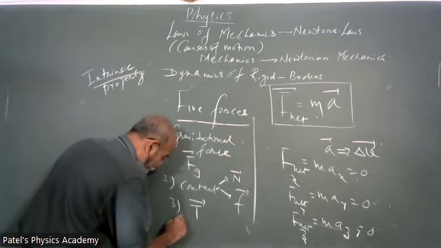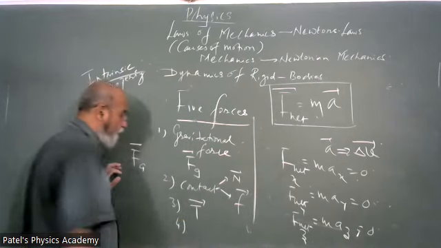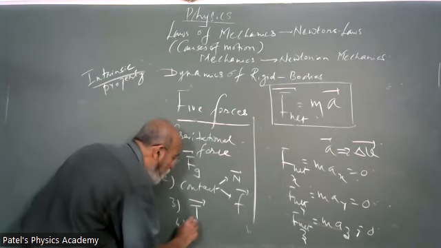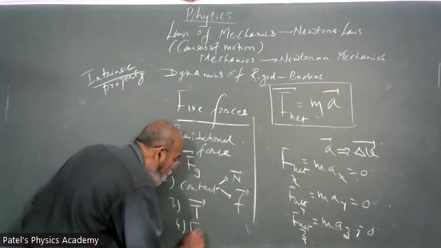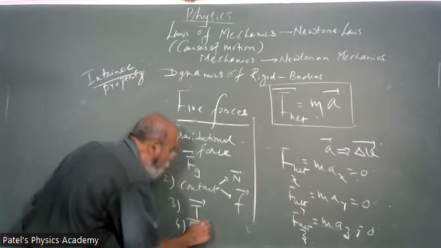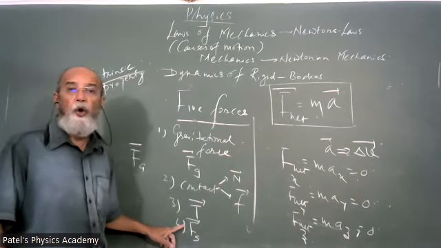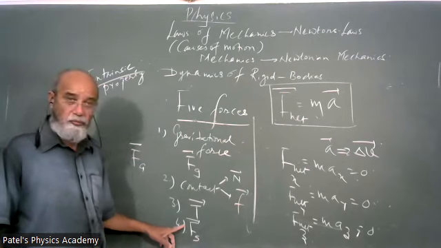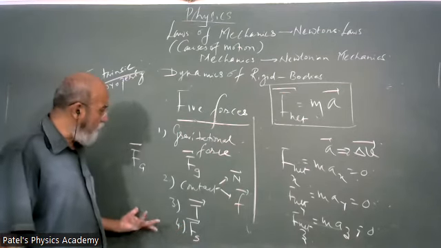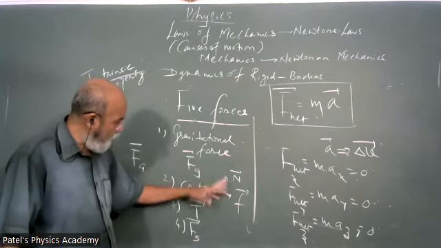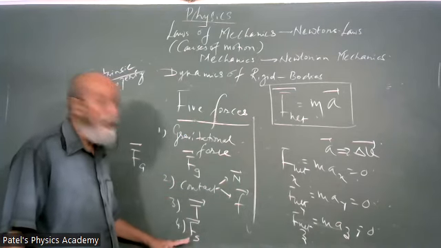The last one is the spring force. Spring force, often called the Hooke's spring force. So how many forces are there? 1, 2, 3, 4, 5.